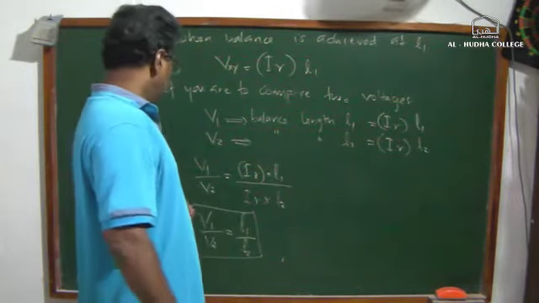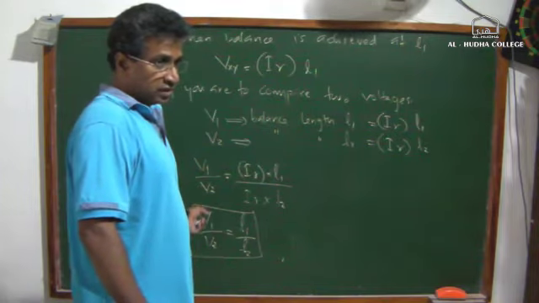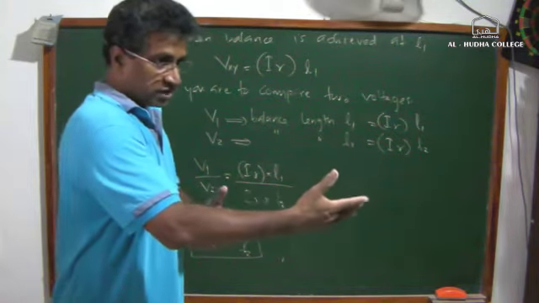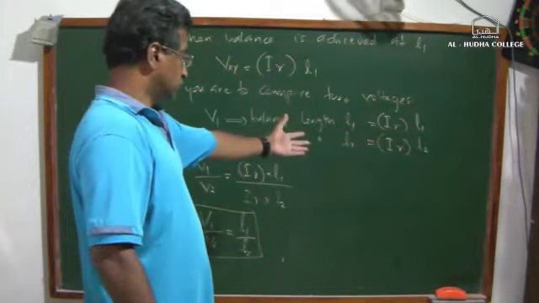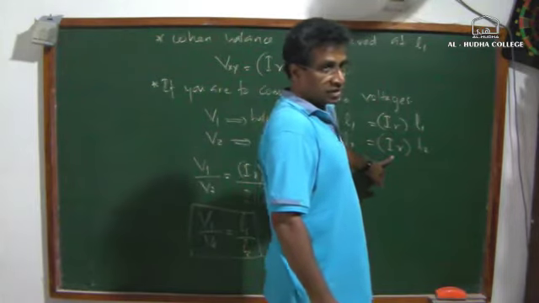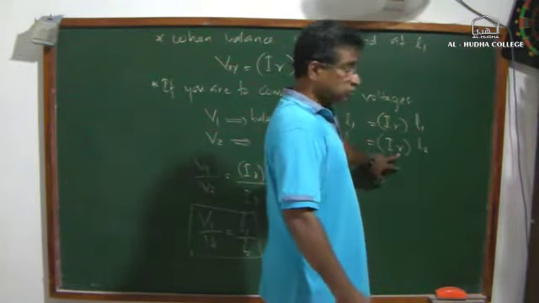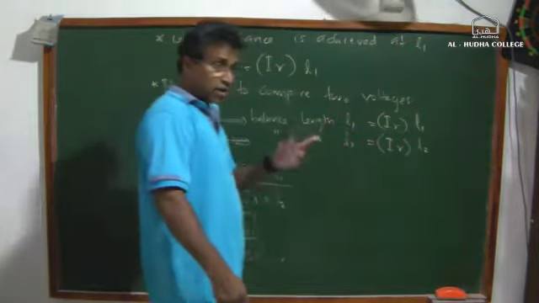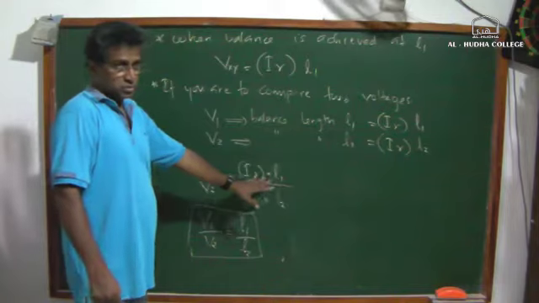So if you know one of the voltages, then the other voltage can be easily calculated, right? But you can calculate from this also. But here you have to find IR. If you want to directly calculate it, you have to find IR. I should be known, R should be known. But if you have to compare two voltages, you don't need IR at all, right?